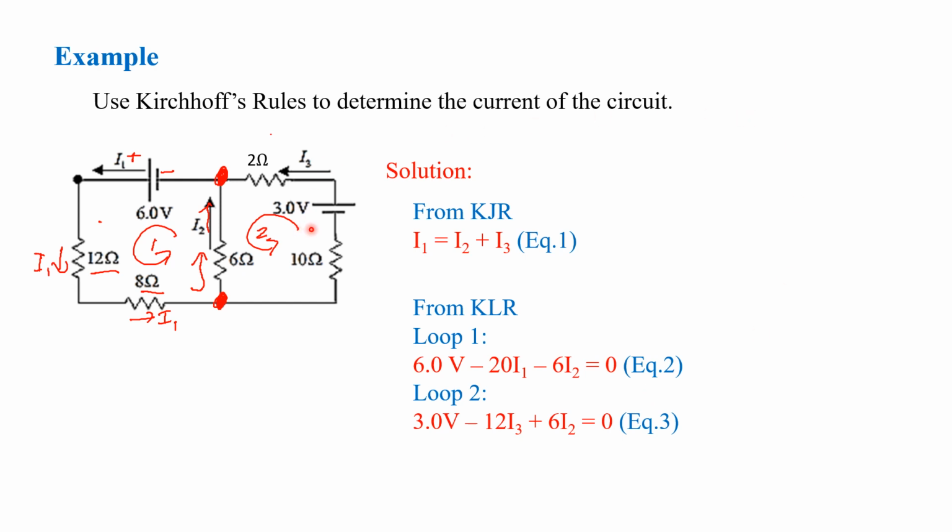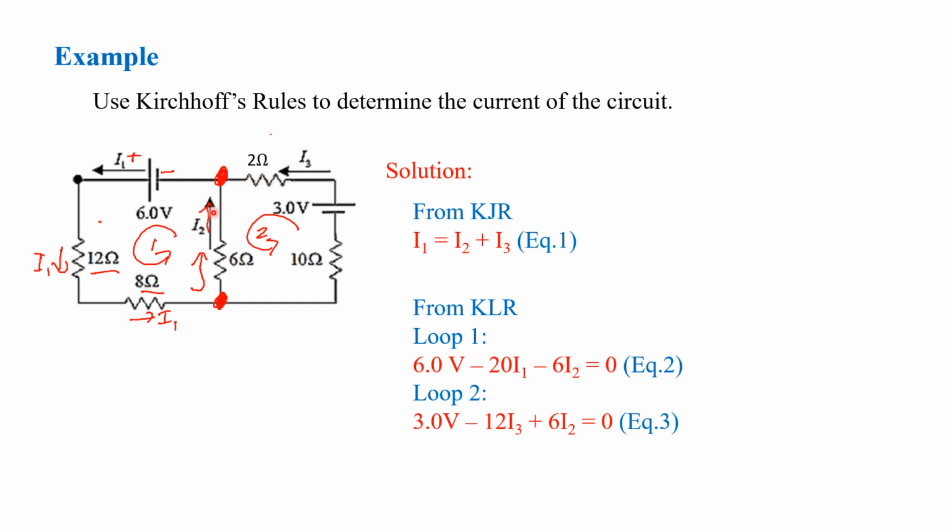Next, we travel in loop 2. For loop 2, I start with 3 volts. I travel counterclockwise, so that means I travel from the negative to the positive terminal. So you have positive 3 volts passing through 2 ohms. Your travel is in the same direction as your current I3, so you have negative 2 ohms I3, and then you pass your 6 ohms.